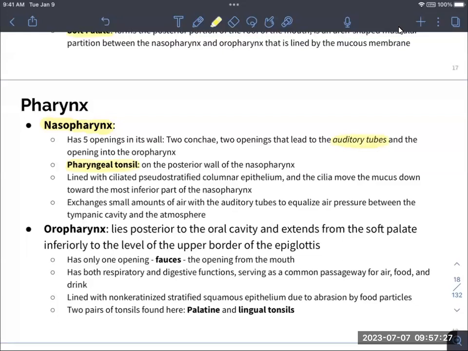So when you're breathing stuff in, again, that's our immune system working to remove any kind of microbes or pathogens that we may have just inhaled. It's still lined with that ciliated pseudostratified columnar epithelium because that cilia is going to help move any mucus towards the back of the throat.